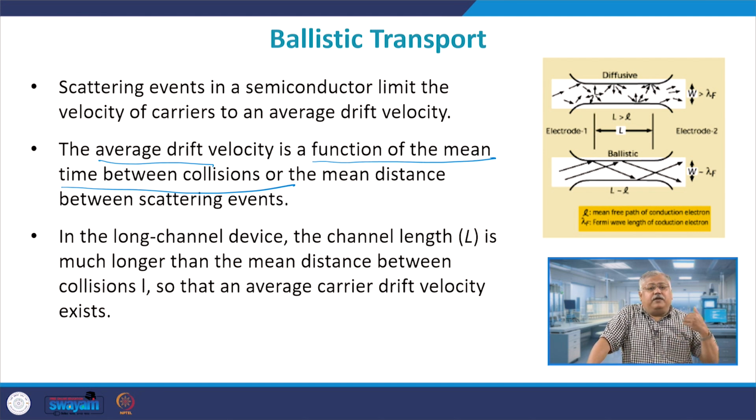However, for very short, ultra short channel devices, if going from the source to the drain you encounter just 3 or 4 scattering events, then we define that to be ballistic transport. Ideally, ballistic transport effectively means that one can go from source to drain without a scattering event, meaning that the mean distance between scattering events is of the order of the channel length. If that happens in an ultra short channel device, we define that to be ballistic transport.